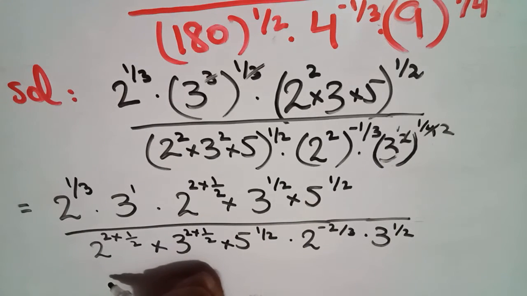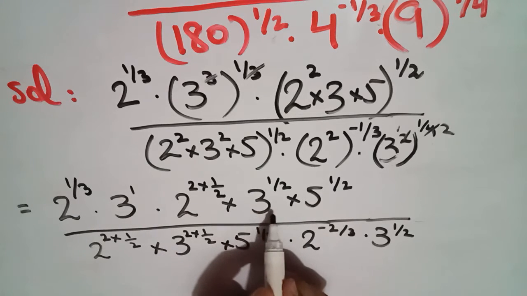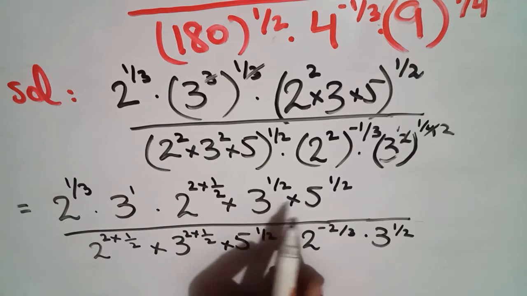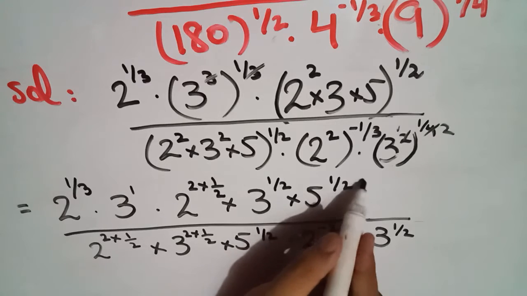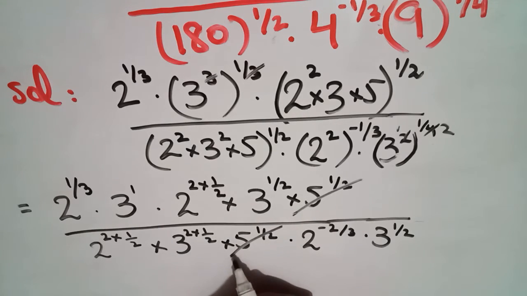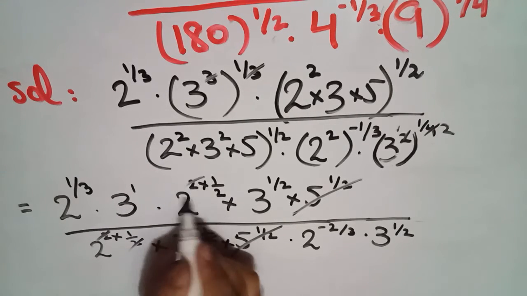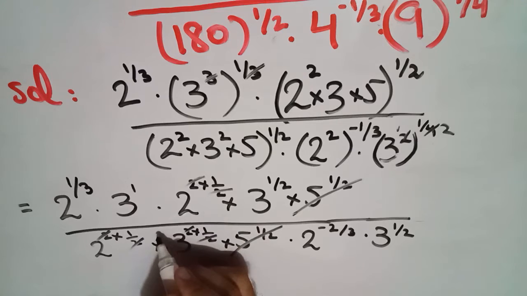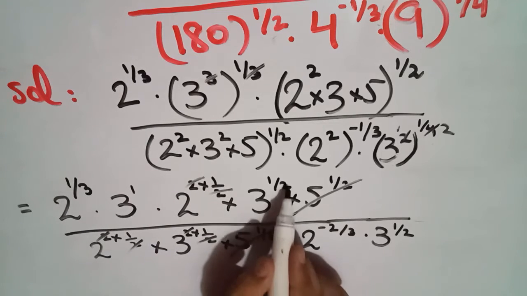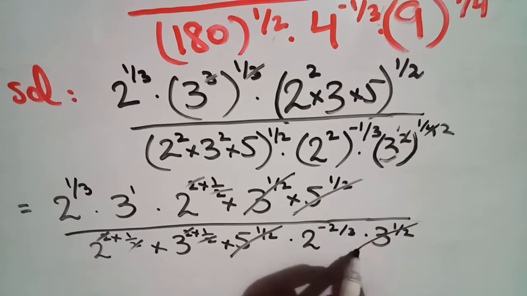So now you can check which numbers will cancel here. 3 raised to power 1 by 2 and 5 raised to power 1 by 2 will cancel with this one, and by cancelling these powers you can also cancel this one with this one.